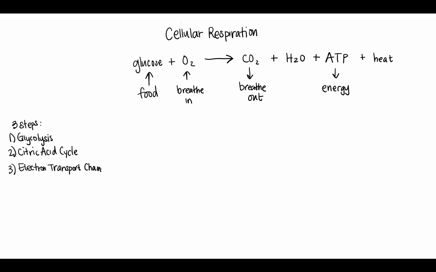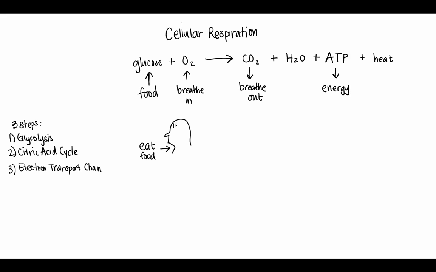Later, we'll go into the detail of all of these 3 steps, but first I want to give you an overview of the process and where it occurs. So basically what's going to happen is first you are going to eat your food, and logically you're going to put that in your mouth.